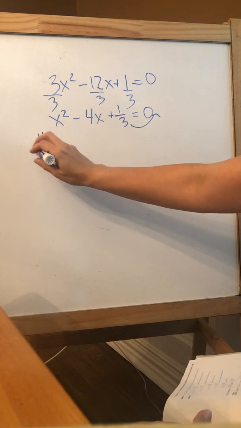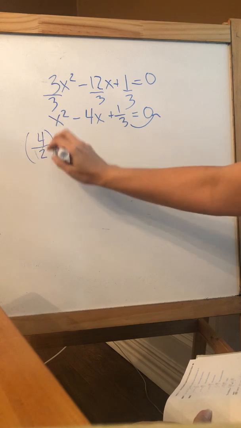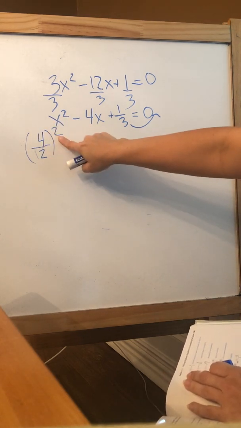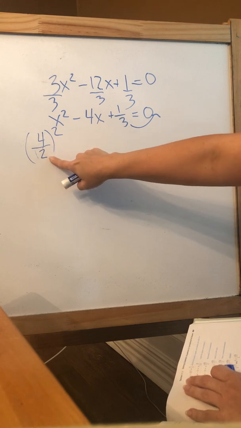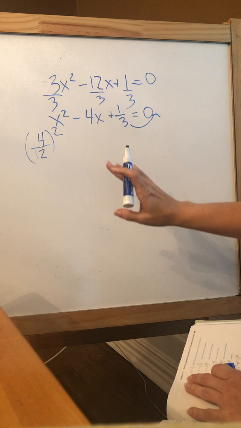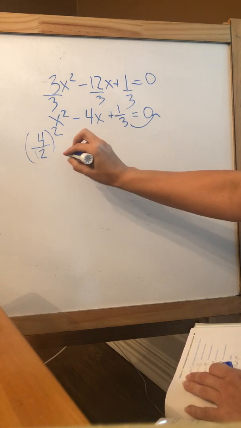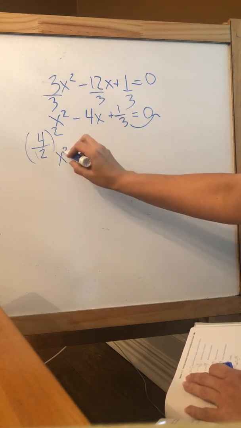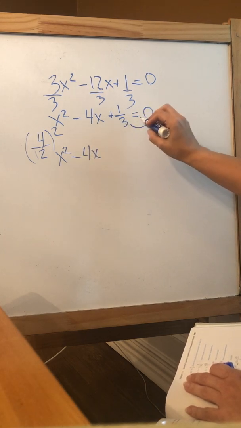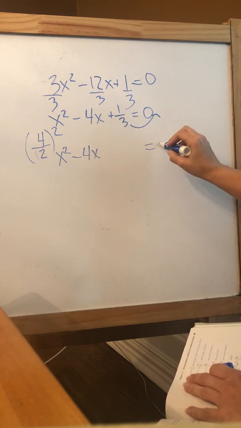Okay, so we're gonna say 4 divided by 2 squared. What's 4 divided by 2? It's 2, and we're squaring it. So 2 squared is 4. So we're gonna put 4 here. Oh, I guess that's what we already did. Okay, so we have x squared minus 4x. We subtracted 1/3 and we moved it over here.